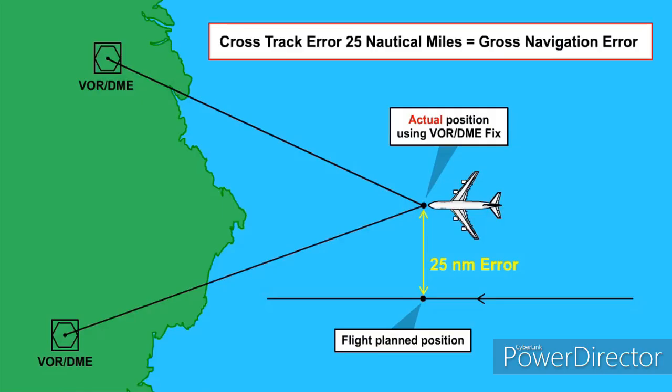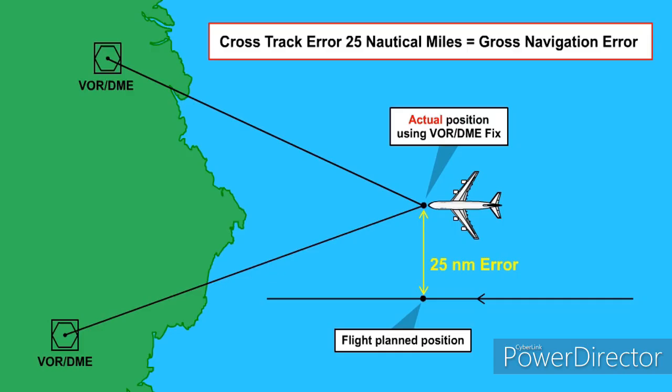As an aircraft approaches landfall, the crew must confirm the aircraft's position by reference to a land-based navigation beacon. If this position is more than 25 nautical miles laterally off track, this is regarded as a gross navigation error, or GNE, which means that lateral separation may have been compromised by inaccurate navigation. Such errors have to be reported.